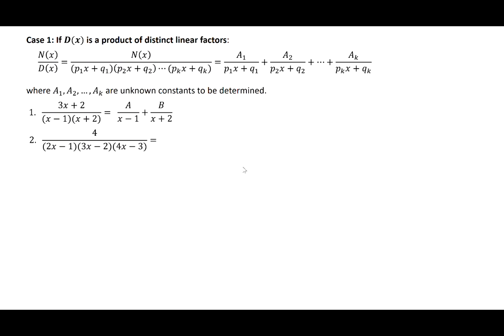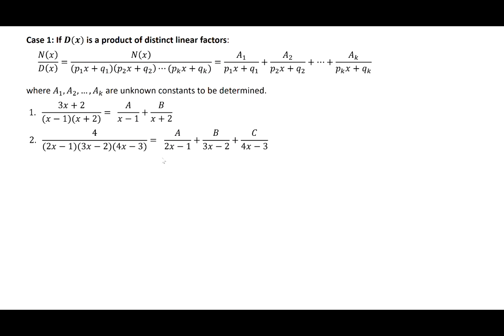Do we have a proper fraction? Yes, top is 0th degree, bottom is 3rd degree, and it's already in a factored form. So what would you say? Distinct linear factors? Yes. A over 2x minus 1 plus b over 3x minus 2 plus c over 4x minus 3.